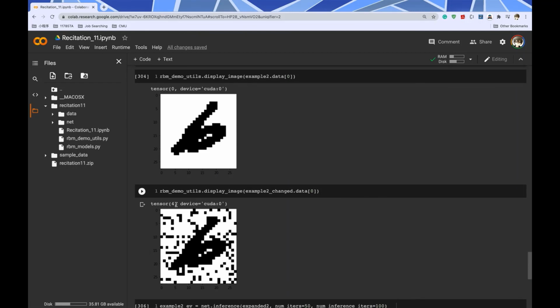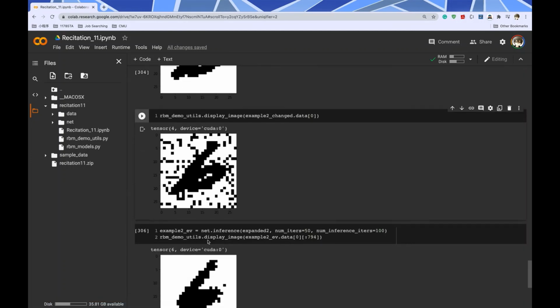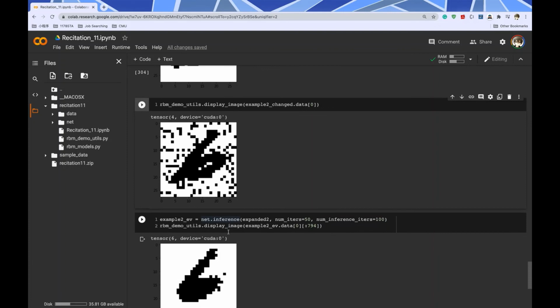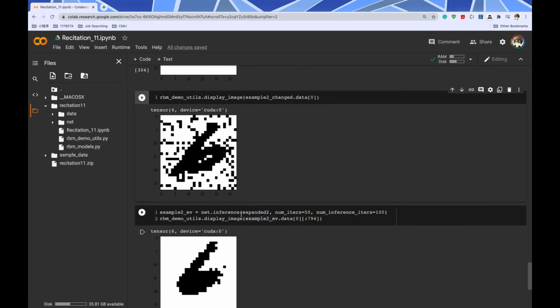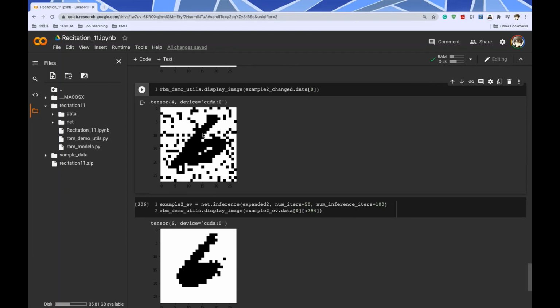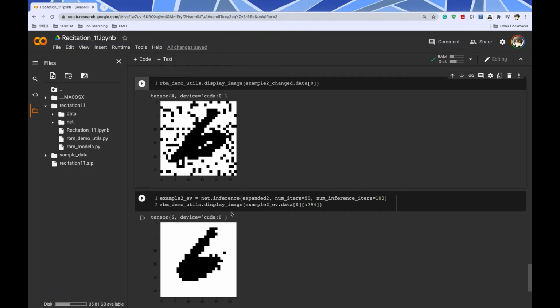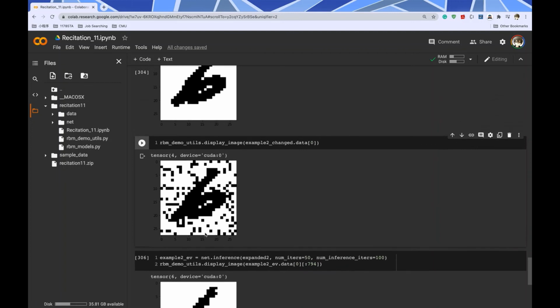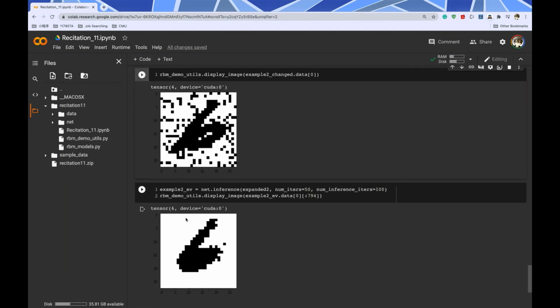As you can see, the one-hot vector is also changed, and this is if we apply the inference to this noisy image, and we get something like this. This is pretty close to the original image, and the one-hot vector is restored successfully.